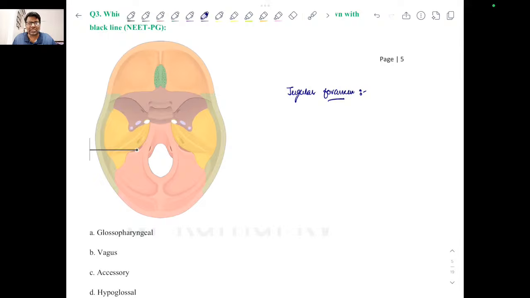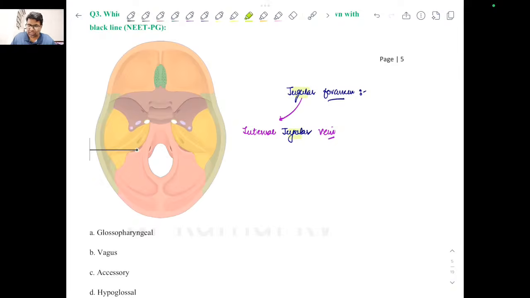Okay, and as the name suggests, jugular, one structure all of you can remember is the internal jugular vein which is passing through this, so that everyone can associate. Jugular, that's very easy to understand.